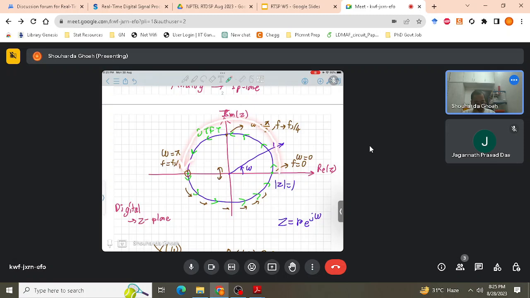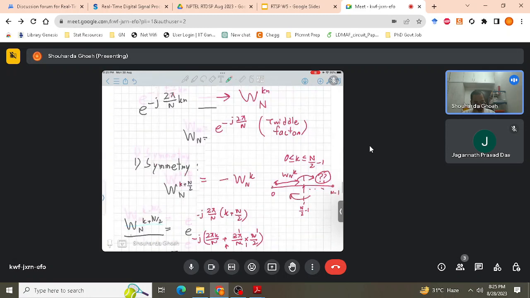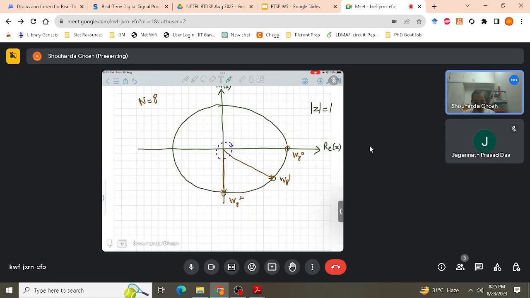But now I'm not calculating DTFT here. I'm simply talking about the twiddle factors. I'm not showing any movement or any calculation of DTFT. DTFT is not being calculated over here. We are just showing where the points are located. Where are the points corresponding to these twiddle factors located? What are the points where we are evaluating the DFT? Okay, so is that clear? Okay. Fine.